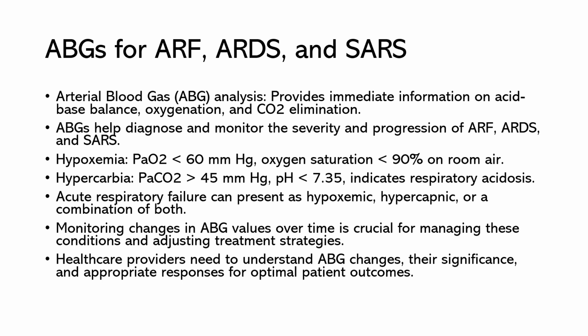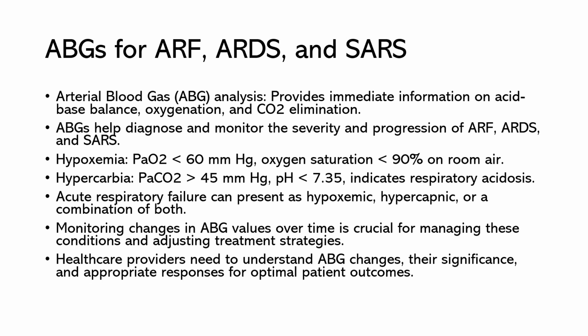This also indicates the presence of respiratory acidosis, where the body's ability to remove carbon dioxide is impaired. It's important to note that in acute respiratory failure, we can see either hypoxemic, oxygenation failure, or hypercapnic, ventilatory failure, or sometimes a combination of both.